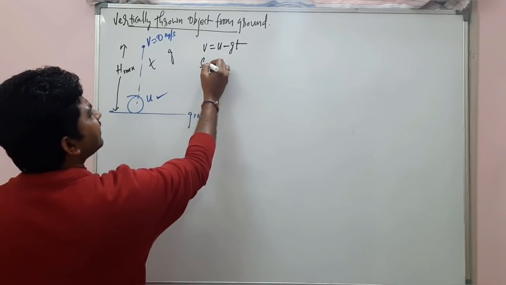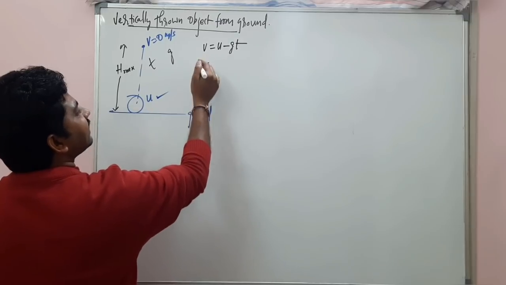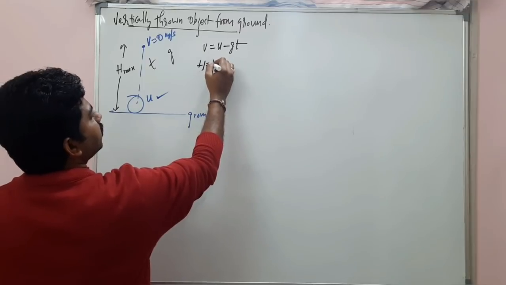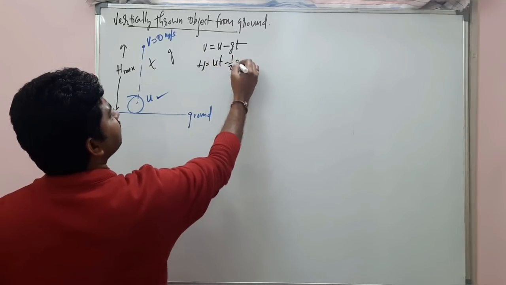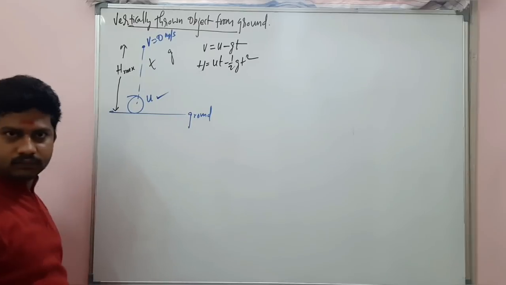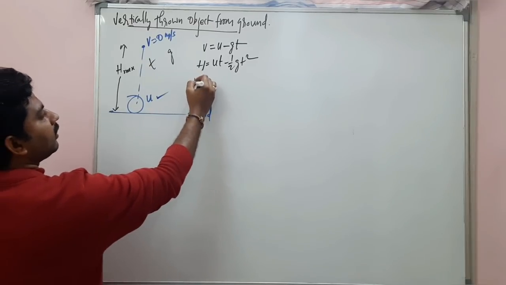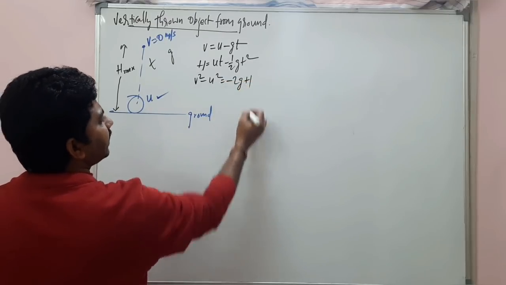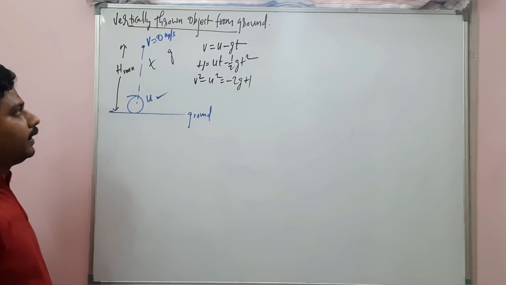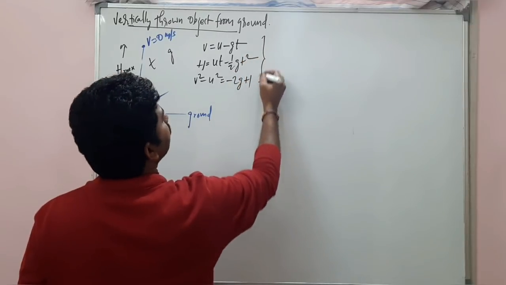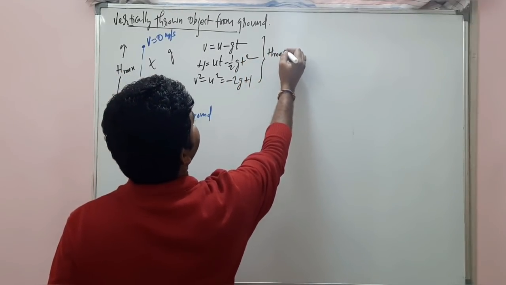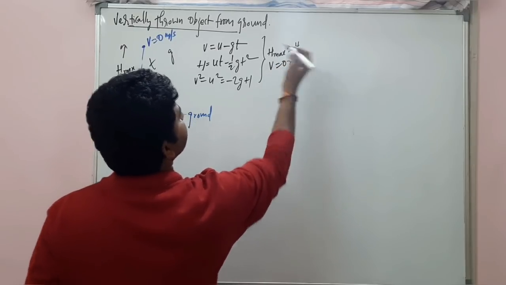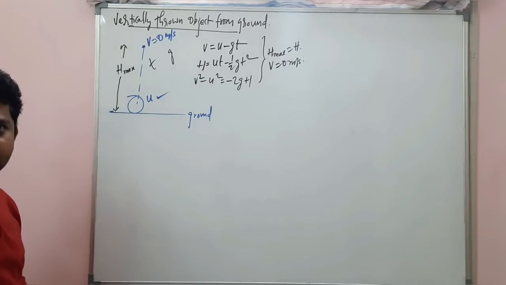So here S is equal to, S in the sense it is H. H is equal to ut minus half gt square, and v square minus u square is equal to minus 2gh. In all these cases, if you consider the maximum height, h is equal to maximum height, then final velocity will be 0 meter per second, remember.